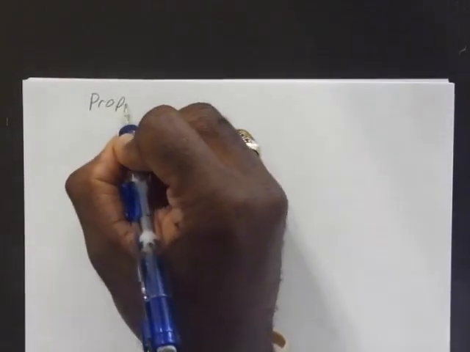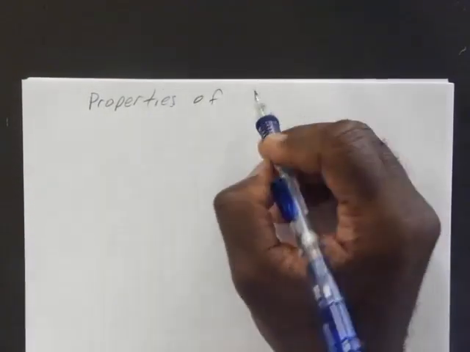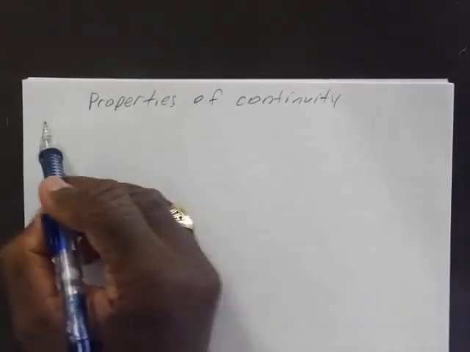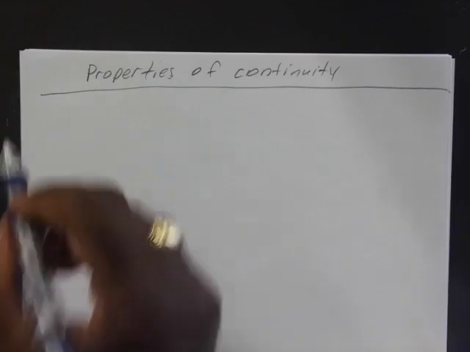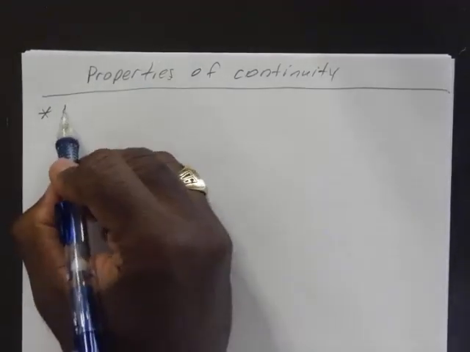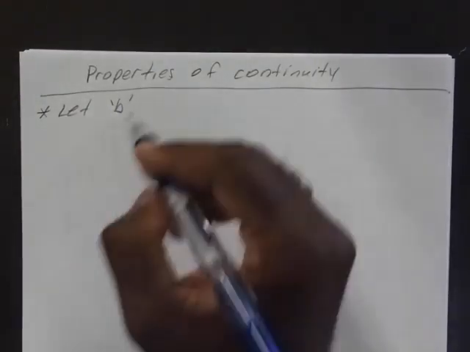So now we're going to look at some properties of continuity. We kind of looked at discontinuity, so let's look at the properties of continuity. First, we're going to let B represent any real number.